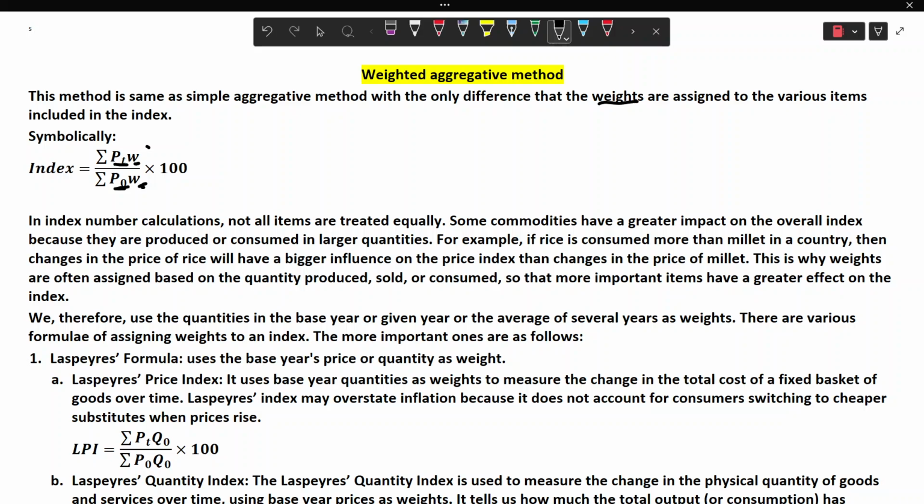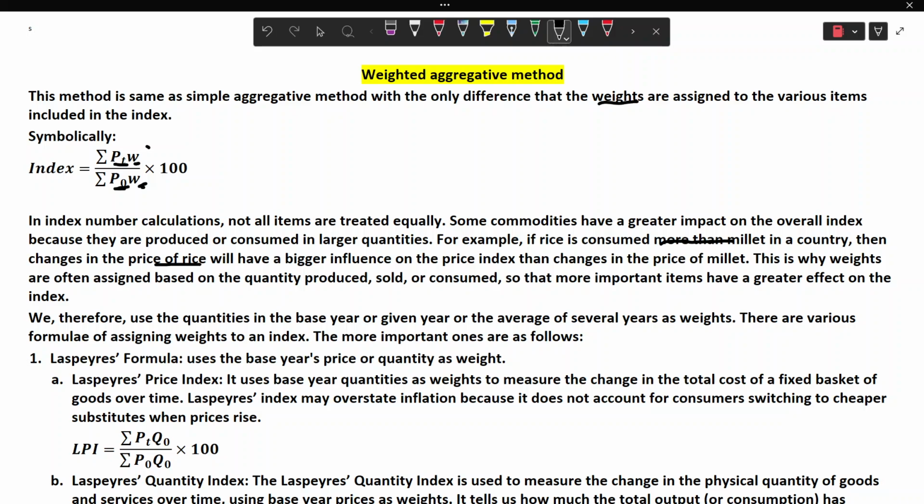Why do we attach weight to it? Now let's find out. In index number calculations, not all items are treated equally. Some commodities have greater impact on the overall index because they are produced or consumed in larger quantities. For example, if rice is consumed more than millet in a country, then changes in the price of rice will have a bigger influence on the price index than changes in the price of millet.